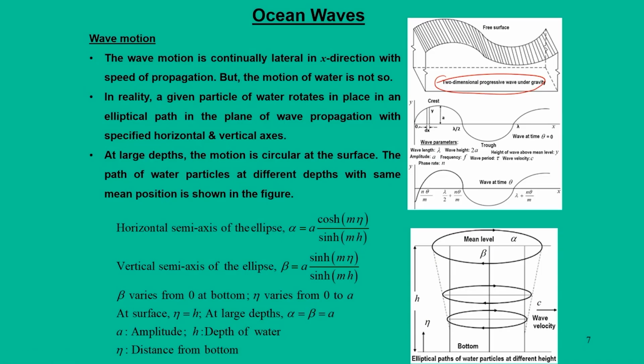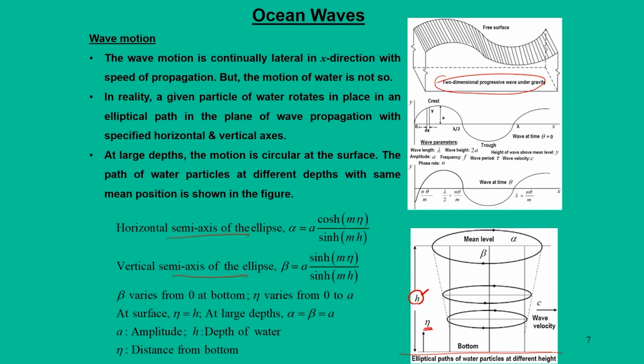Now, when you say ellipse, it has a major axis and a minor axis. So you define this elliptical path by the horizontal semi axis and the vertical semi axis of the ellipse. Because we see this wave not exactly on the surface, there is also a depth. If you take the bottom as the depth and measure this height to the mean level of the surface wave, we say it is h, and at any location the surface elevation is eta.